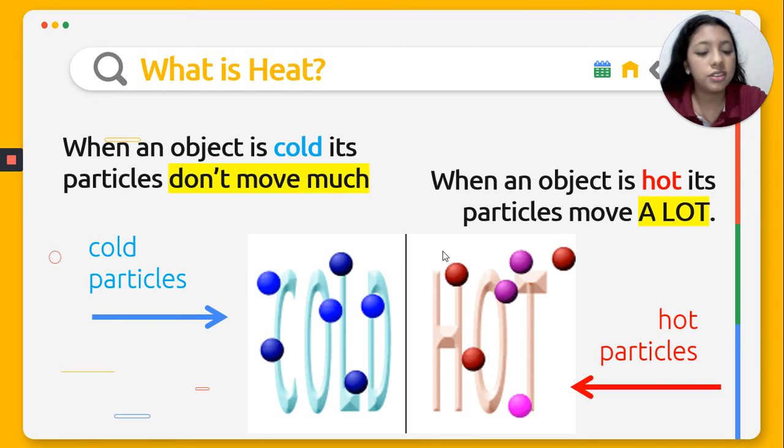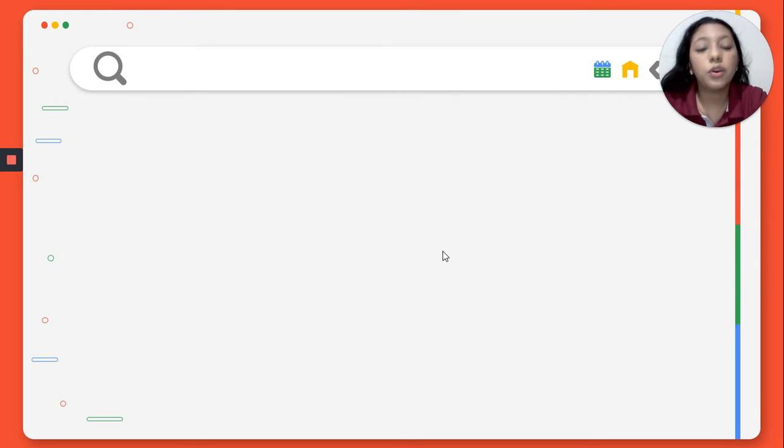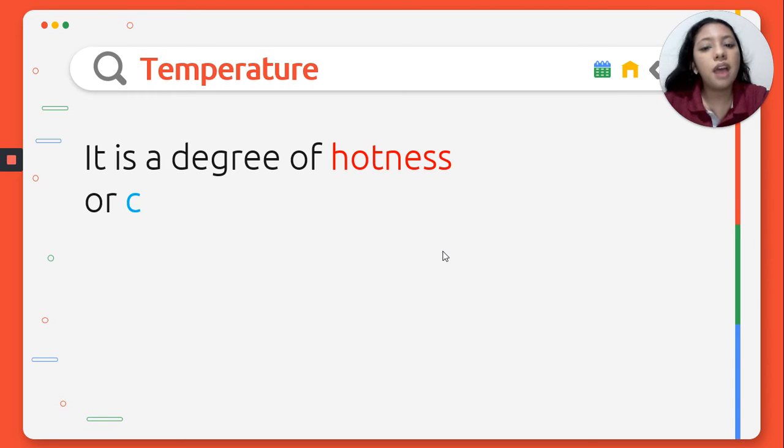So here's the difference. Now, we're going to talk about something else, a word that starts with T, temperature. What is temperature? Temperature is the degree of hotness or coldness in something, in a liquid, in a gas, in a solid, in whichever. In fact, we have our temperature taken when we have a fever.